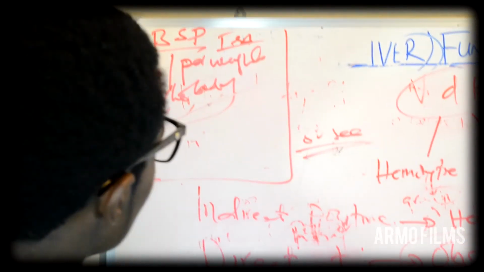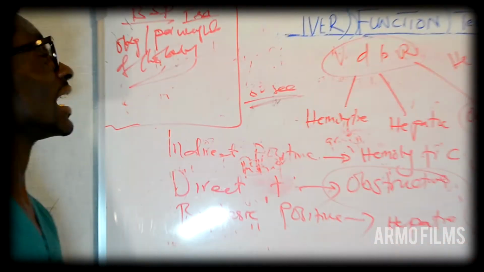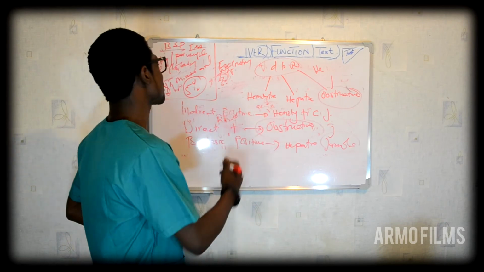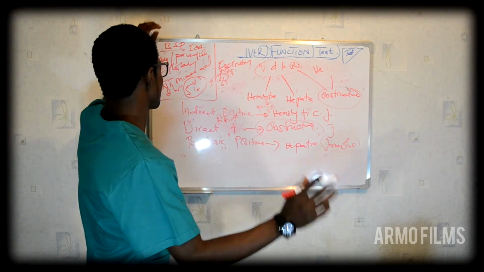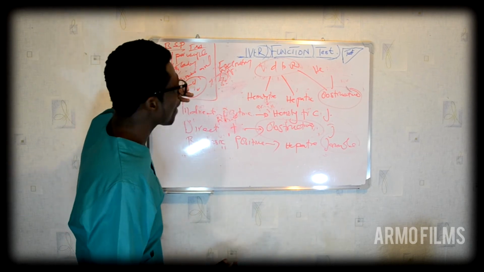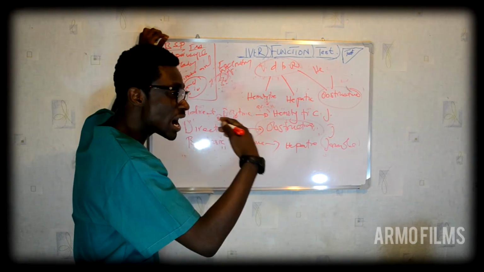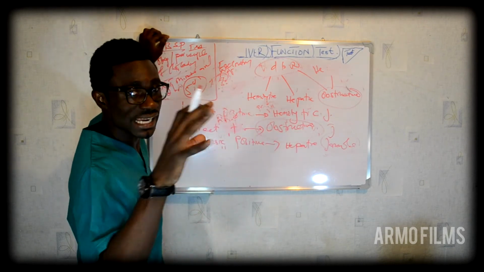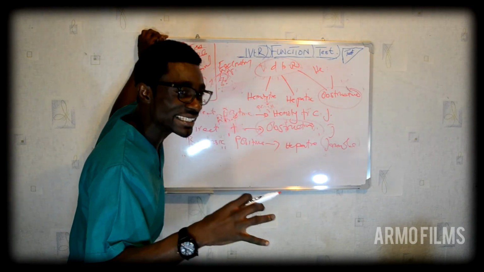So now, after the introduction of this dye intravenously, after a period of 45 minutes or 2 hours, what you would do is that you now estimate the excretory function of the liver based on the amount that the liver is able to retain. It means that this dye is going to be retained in the liver.